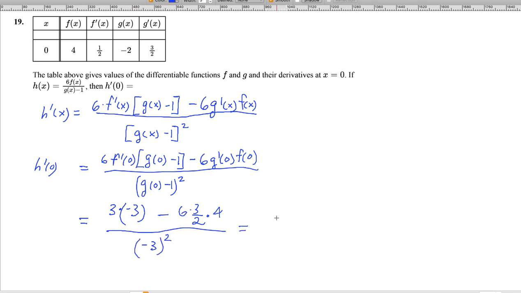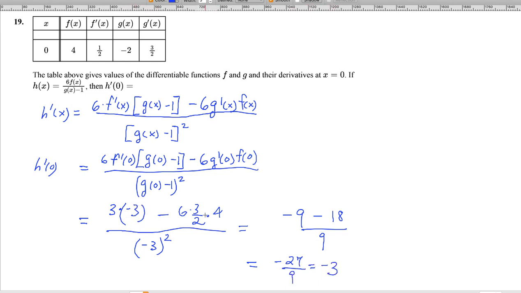I'm going to get here negative 9 minus 9 over 9 times 2 is 18, and then I'm going to get negative 27 over 9, which is negative 3. Let's make sure I did this correct.